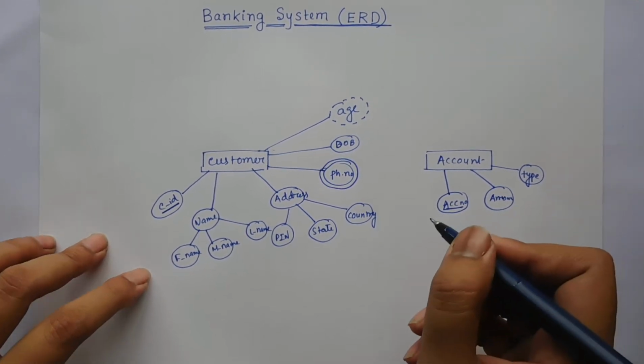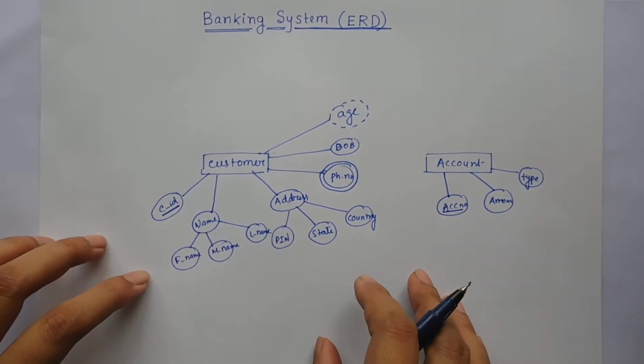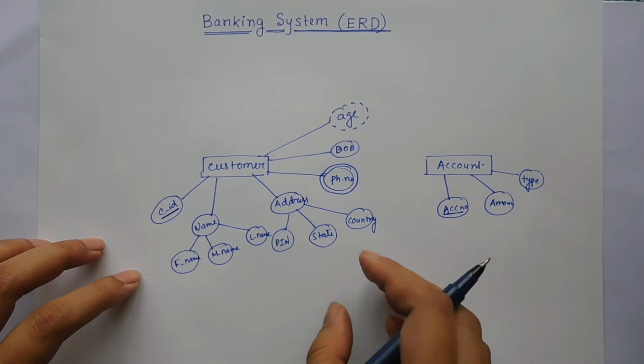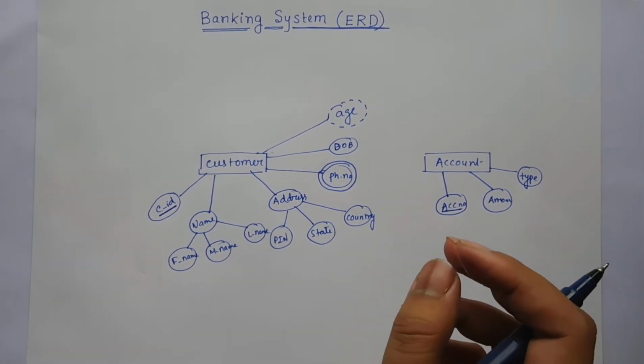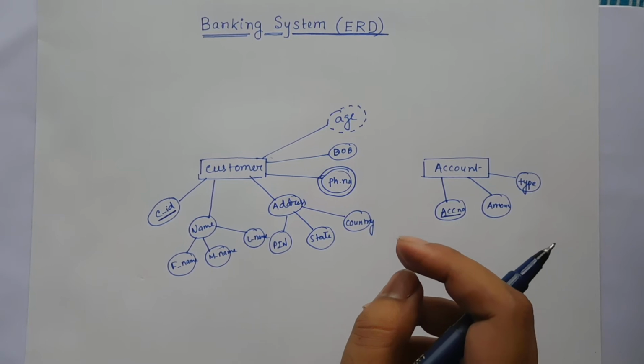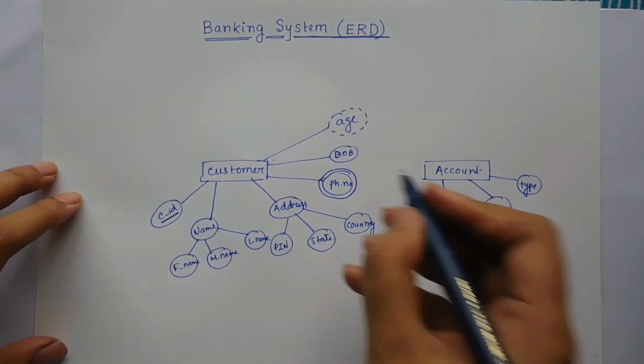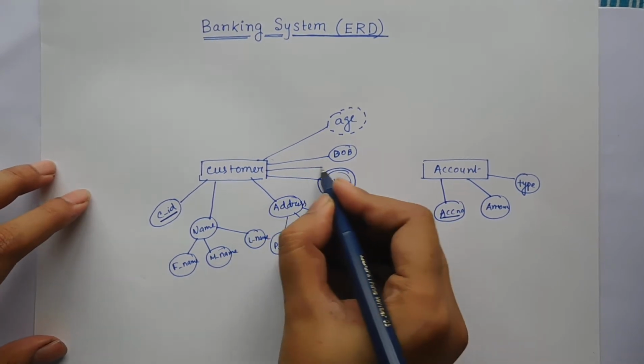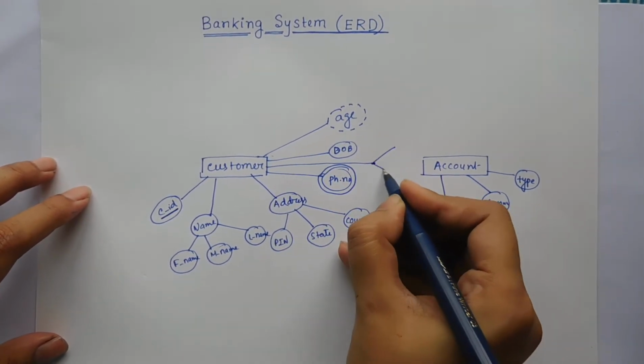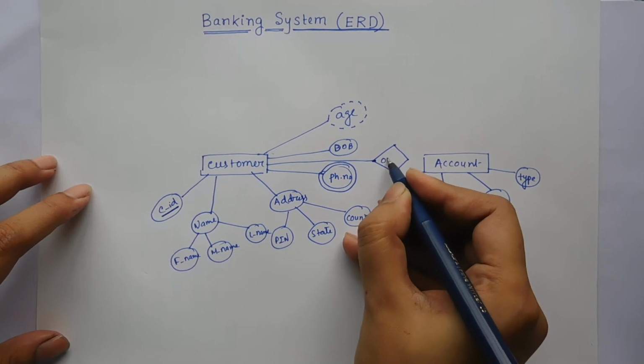Okay. And finally, the most important thing is the relation between this customer and account. What is the relation between them? We can say a customer opens an account. So open is a relationship.